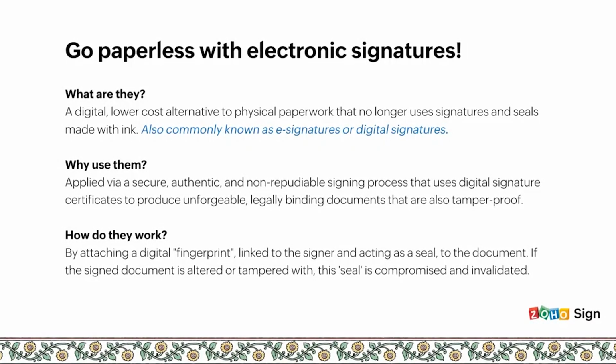Digital signatures let signers attach a digital fingerprint, which acts as a seal on the document. And when the signed document is forged or tampered with, the document turns invalid. Digital signatures are also legally binding and have the same legal status as handwritten signatures in most countries.